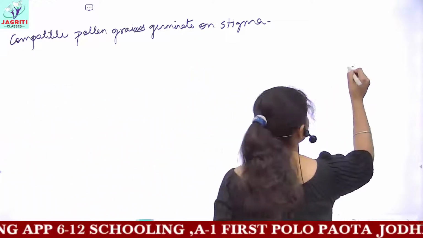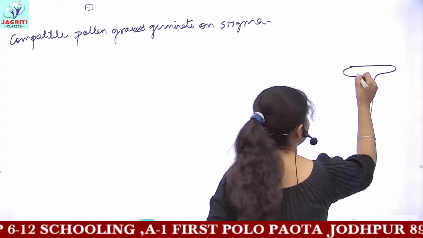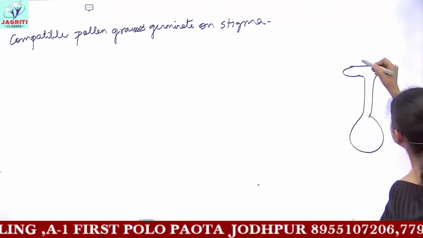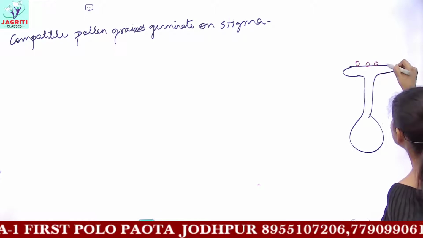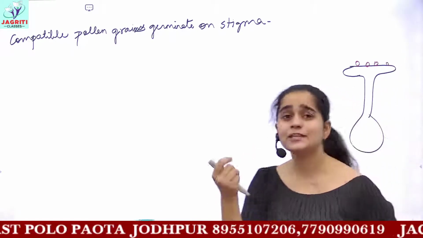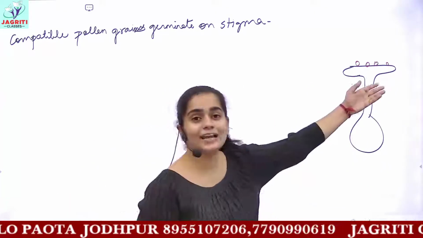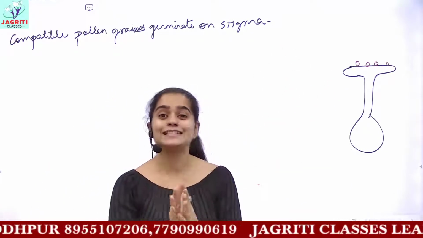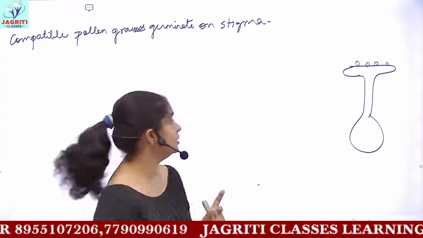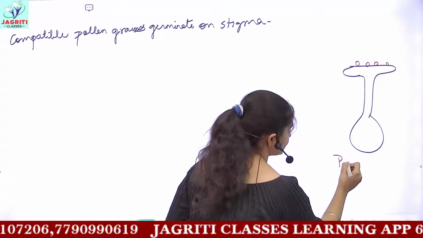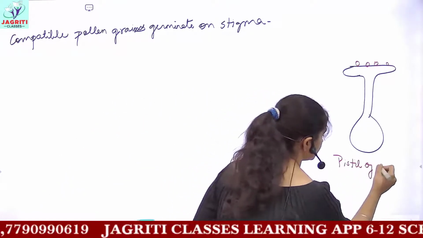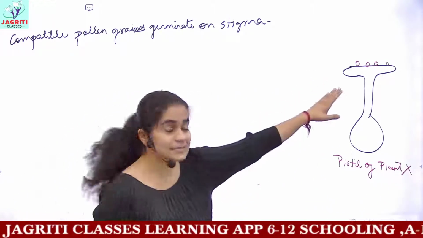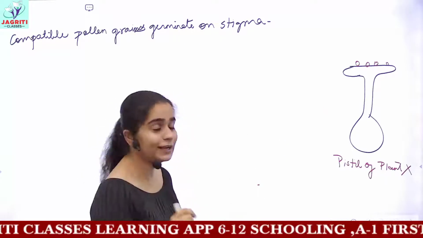Germination means this is the stigma or the landing platform which you have, and the pollen grains come onto the stigma. Many types of pollen grains, that is pollen grains belonging to different plants, can land on the stigma. But as I told you earlier, only the compatible pollens, that is the correct pollen, would germinate. Suppose this is the pistil, the female part of plant X, and on the stigma of this plant you have different pollen grains.